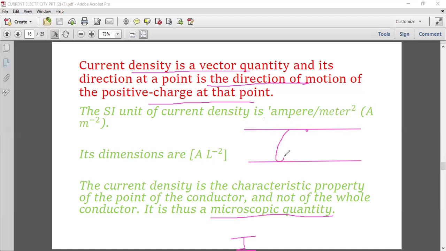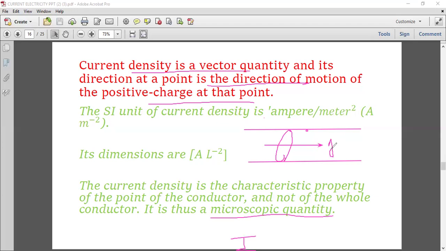This is the cross-sectional area. It's clear. Means it is not perpendicular to length. And what is the current? Current is this. This is the direction of flow of current. देख लो करंट की डायरेक्शन ये है, मींस करंट डेंसिटी की भी डायरेक्शन क्या होगी? करंट डेंसिटी की भी डायरेक्शन यही होगी.